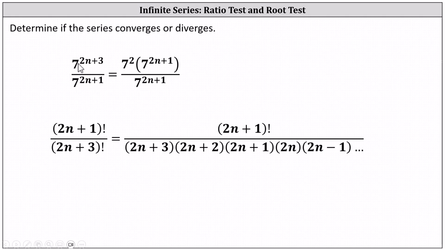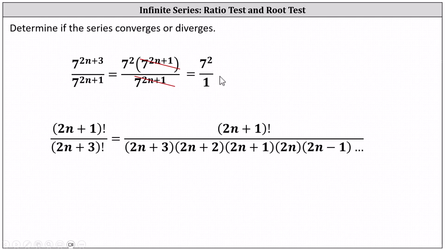Again, to simplify 7 to the power of 2n plus 3 divided by 7 to the power of 2n plus 1, we can write 7 to the power of 2n plus 3 as 7 squared times 7 to the power of 2n plus 1. Remember, when multiplying and the bases are the same, we add the exponents. 2 plus 2n plus 1 is still 2n plus 3. In this form, 7 to the power of 2n plus 1 divided by itself simplifies to 1, leaving us with 7 squared in the numerator.